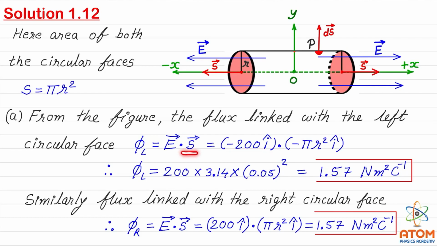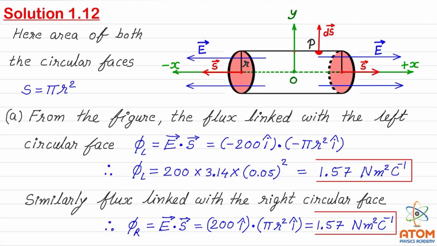And the surface area vector is in the negative x direction. That's why it will be minus pi r square i cap. As I said, the magnitude of S is pi r square, and this area vector is in the negative x direction. That's why it is minus i cap.